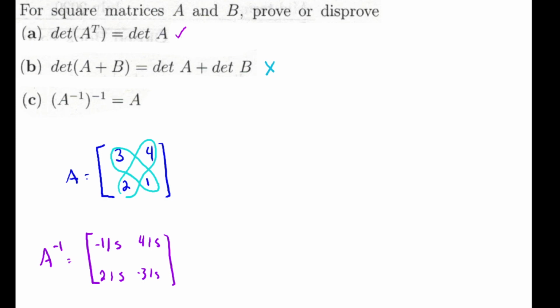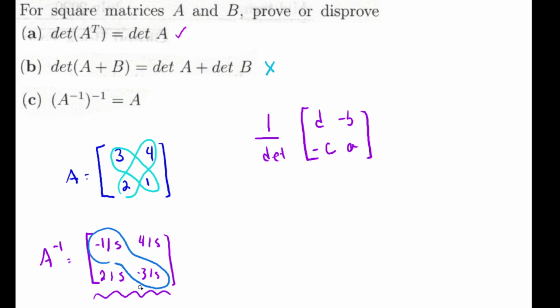So I just rewrote that right here, and we are going to find the inverse of this answer now. So remember to do that. We do 1 over the determinant times D, minus B, minus C, A. The determinant of this is going to be negative 1/5 times negative 3 out of 5, which is equal to 3 out of 25.